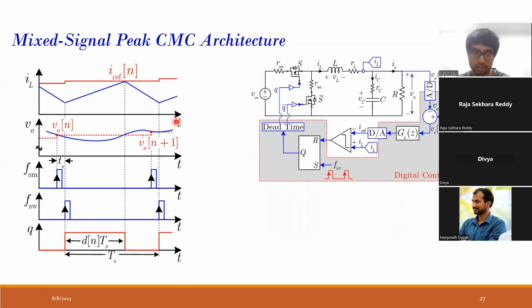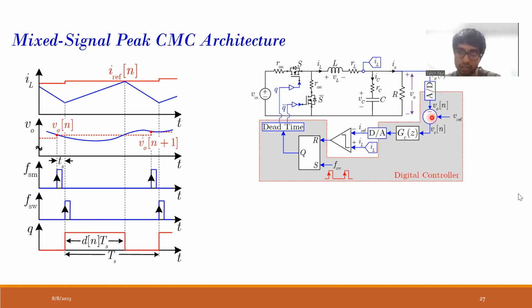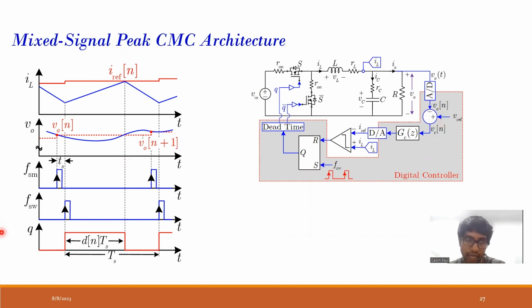Now we'll consider this thing. We have the inductor current varying like this, and the output voltage. This also makes it peak current mode control. So what happens here is basically I am doing interval 2 sampling. When the inductor current is falling, I am taking the sample of the output voltage based on this sampling plot.